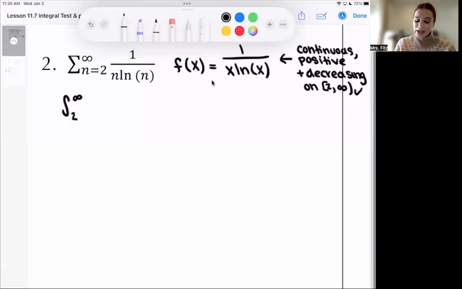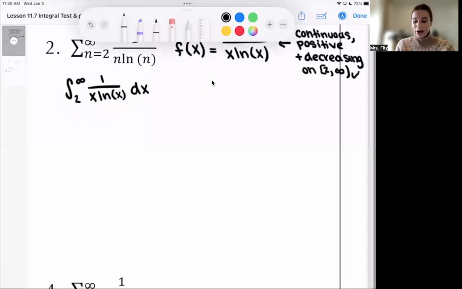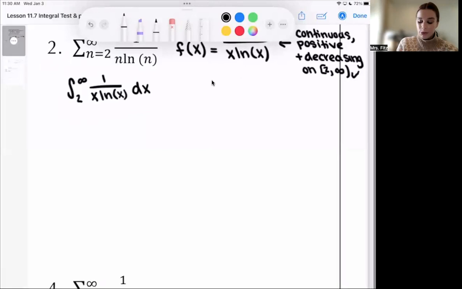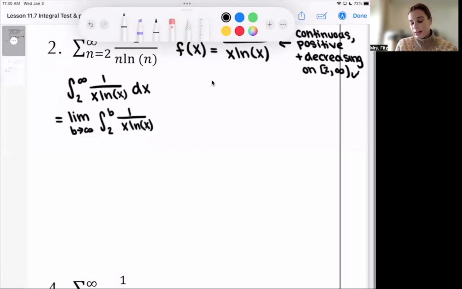Okay, so we have the integral from 2 to infinity of 1 over x times the natural log of x dx. And we're going to go ahead and take that integral. This one is actually not too bad. We're going to be able to use u-substitution, but before we do that, I'm going to rewrite this as the limit as b approaches infinity of the integral from 2 to b of 1 over x times the natural log of x dx.